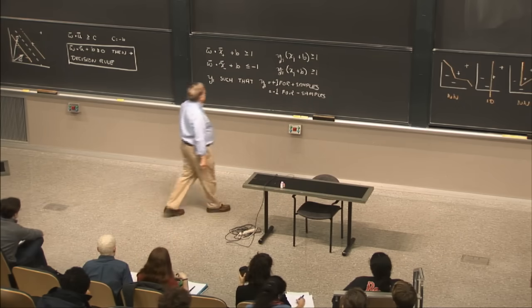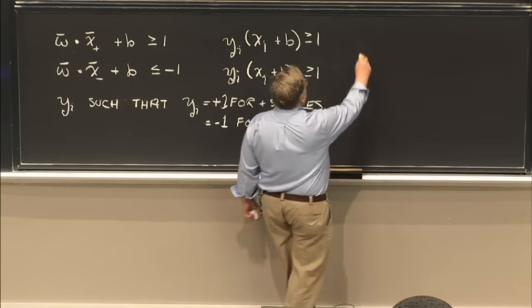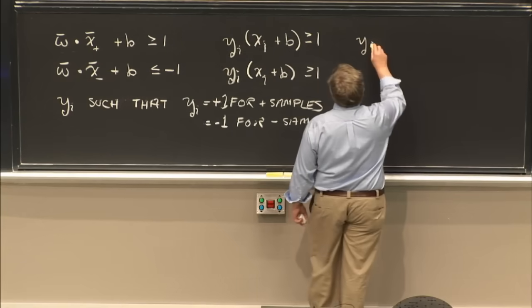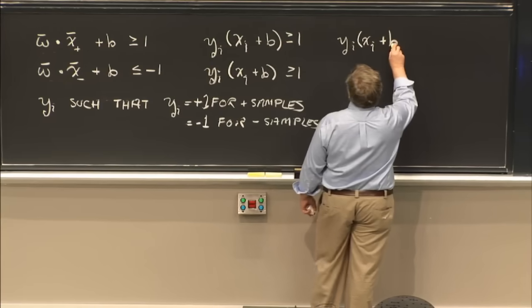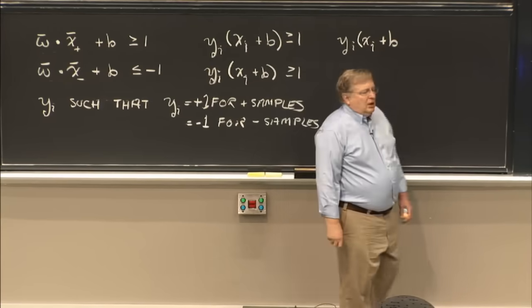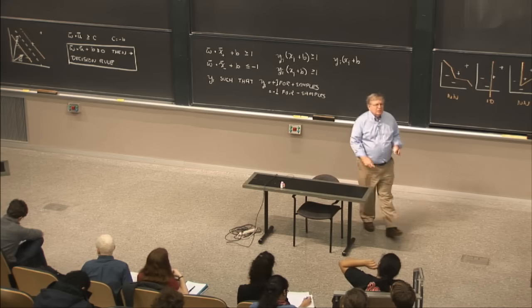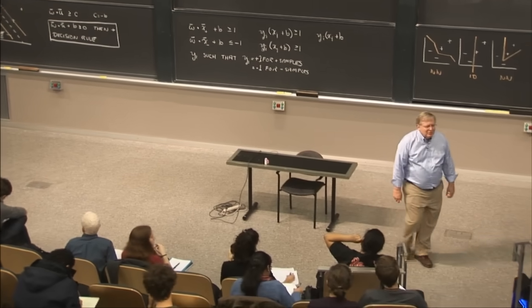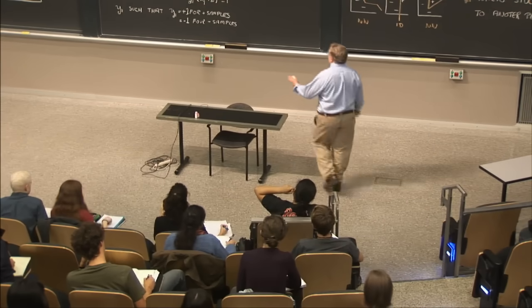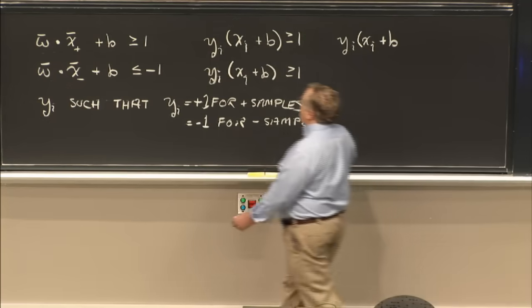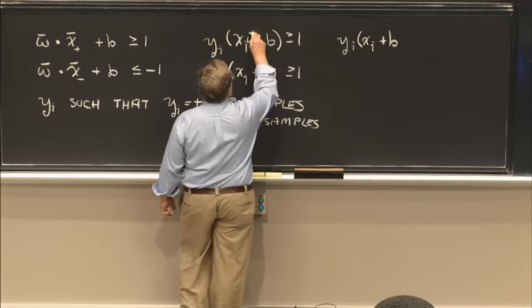So now we can say that y sub i times x sub i plus b, well, what we're going to do, Brett? What happened to the w? Oh, did I leave out a w? Oh, I'm sorry. Thank you. Yeah, I wouldn't have gotten very far with that.